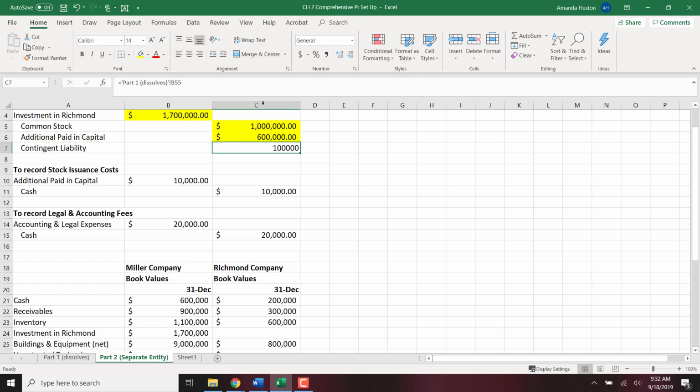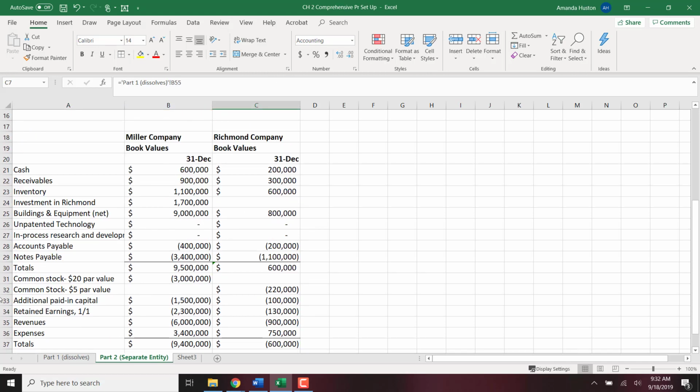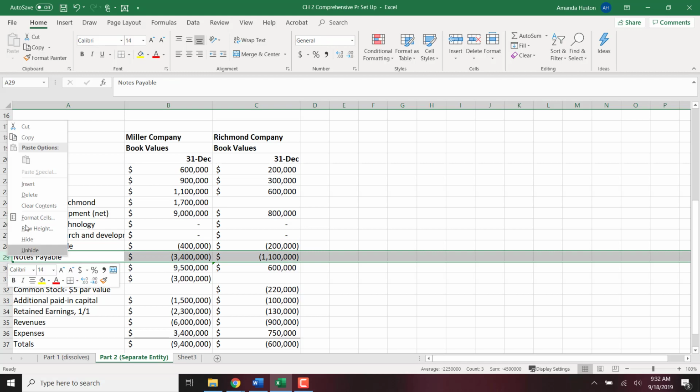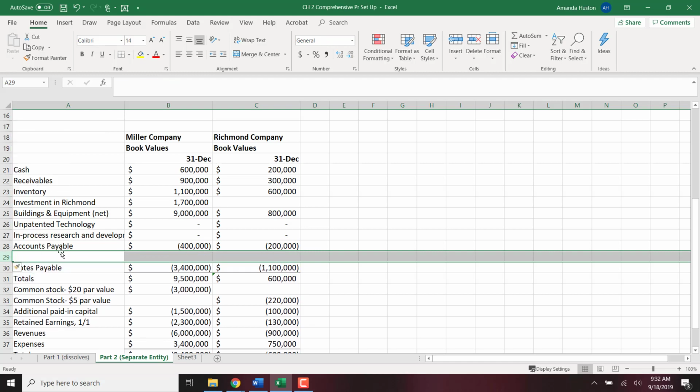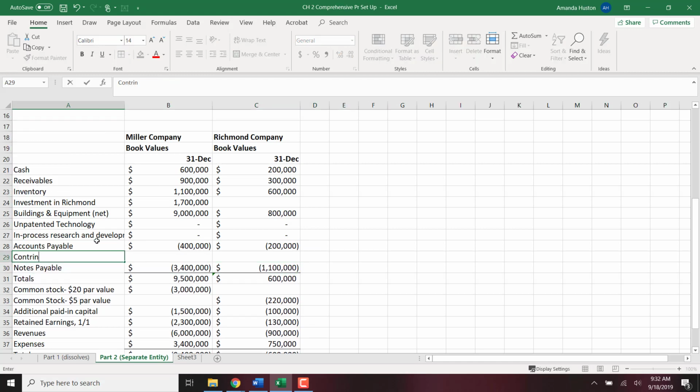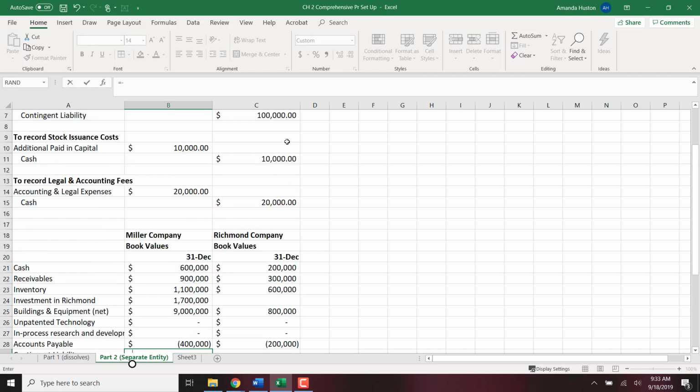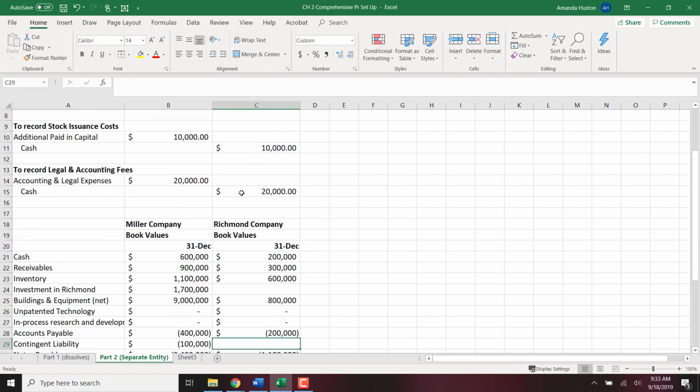Now we're going to adjust for the contingent liability, which we would just add above notes payable. Remember, it's a negative number because it's a credit. So we're going to add that 100,000.